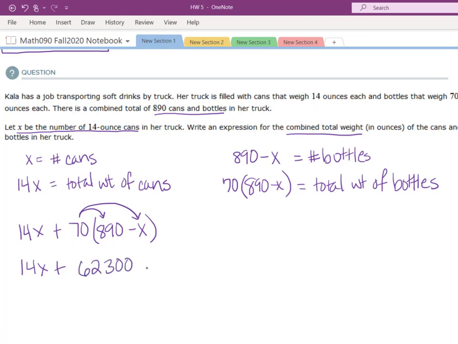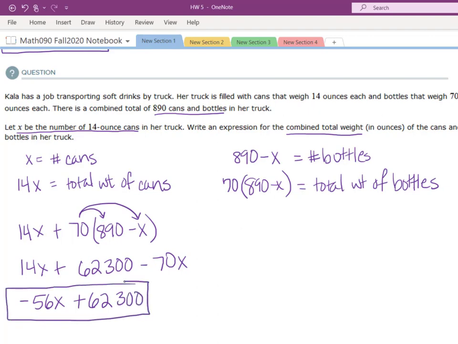And then minus 70x. And so we can now combine the 14x and the minus 70x. It doesn't matter what order you write this in, if you put the x term first, or that 62,300 first. But it looks like we're going to have a negative 56x. So I'll just put it first, negative 56x plus 62,300.